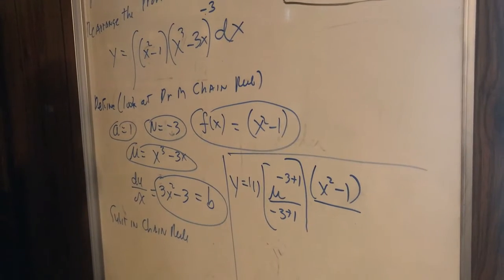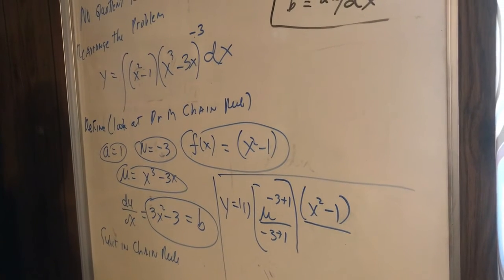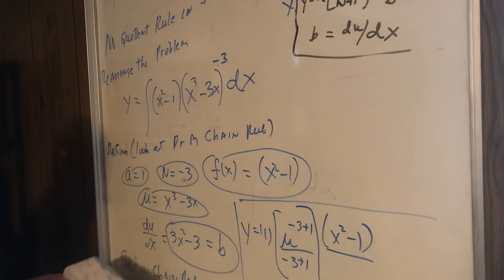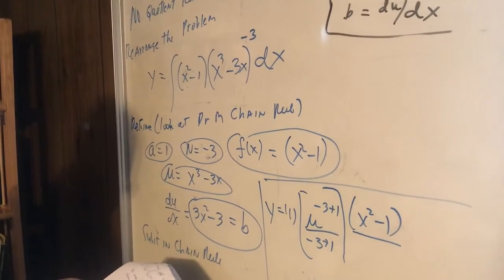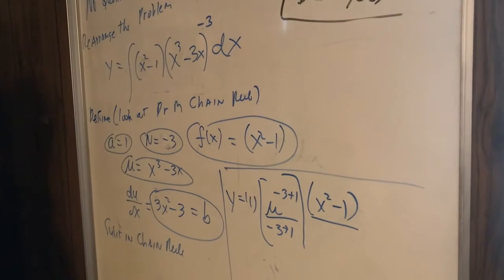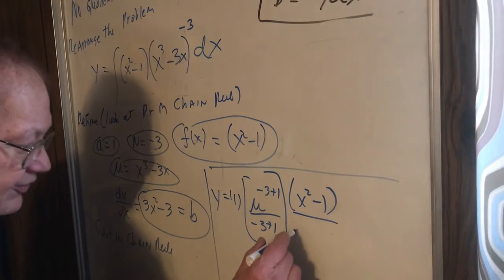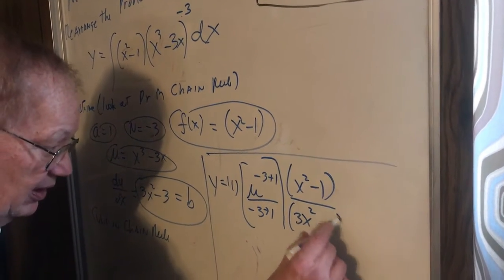I believe this should be a 3, right? Let's see. One of these has to be a 3. Let me just go back here and see why we didn't do this. No, we don't need it as a 3. No, sorry. That's right. This is going to be b, which is 3x squared minus 3, plus c.